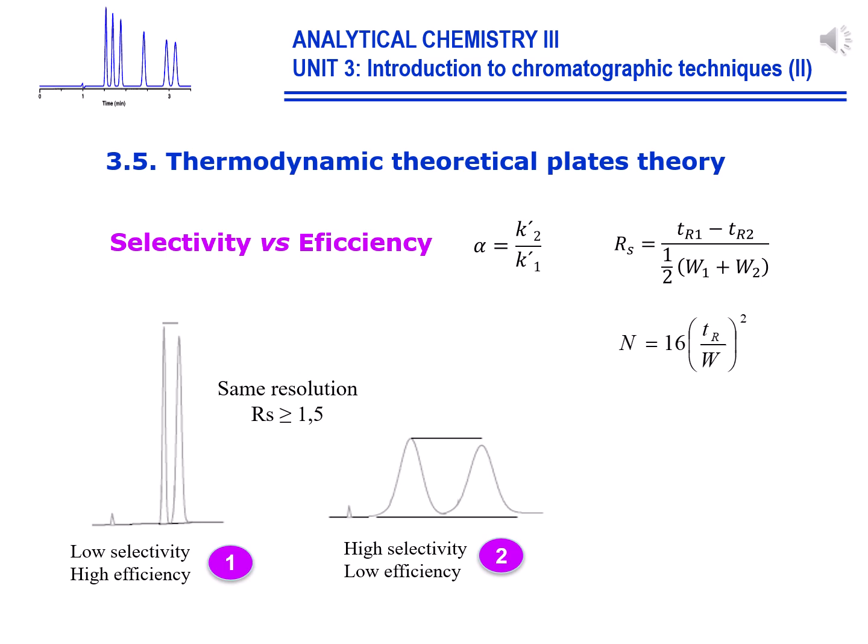However, we are facing two different situations. In the first one, the two peaks are close together, meaning low selectivity, but very narrow peaks, high efficiency. Therefore, the denominator of resolution is small, leading to a convenient resolution value.